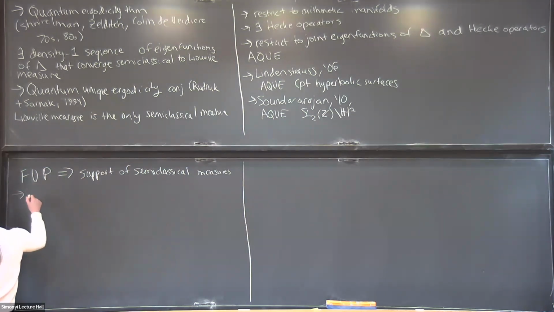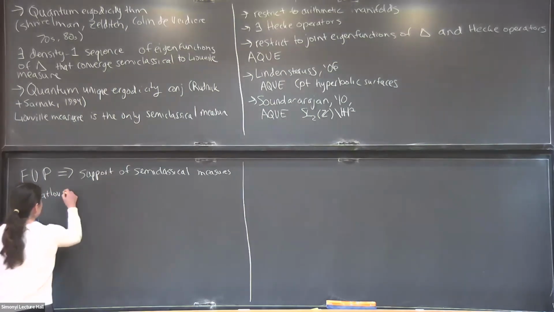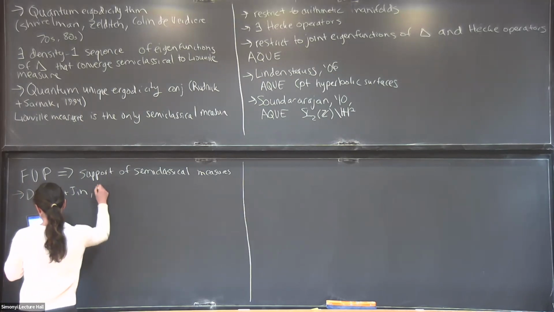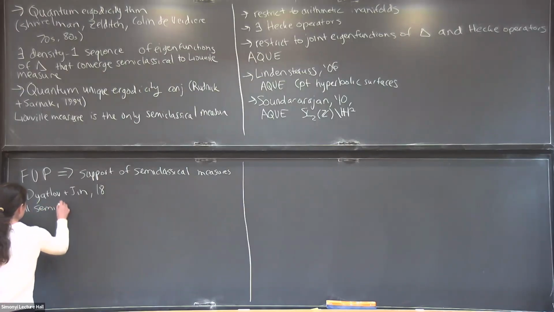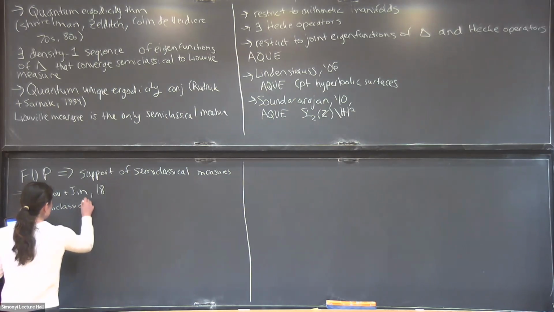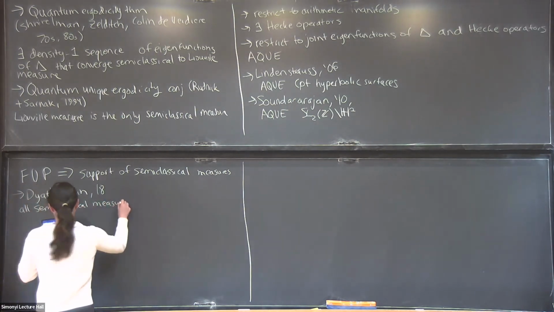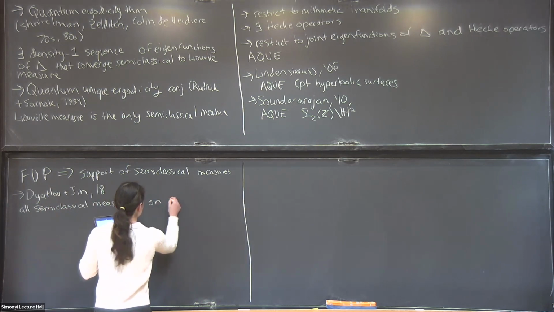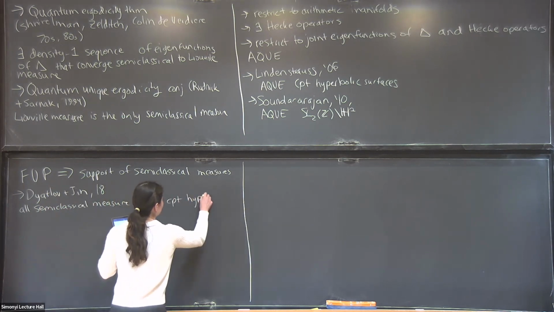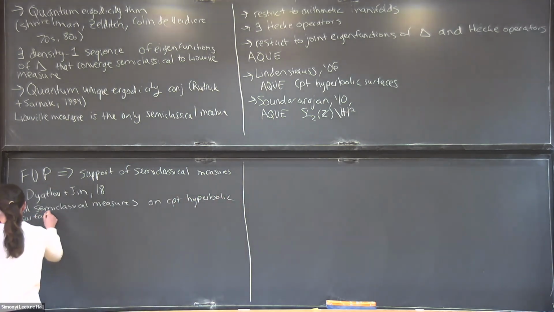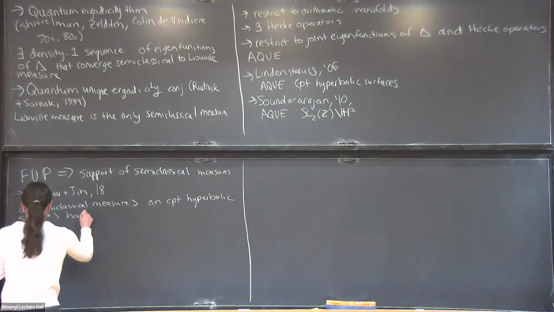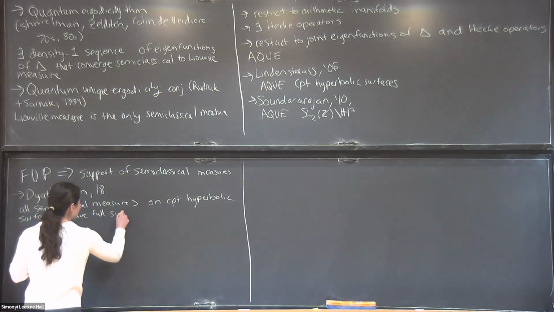So the first result I want to mention is due to Dyatlov and Jin in 2018. And they were able to prove that all semiclassical measures on compact hyperbolic surfaces have full support.